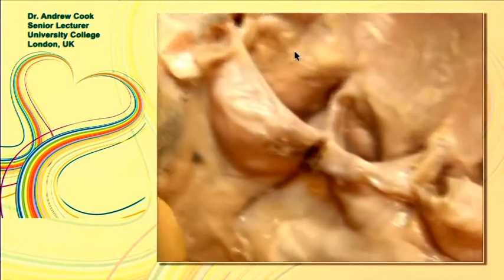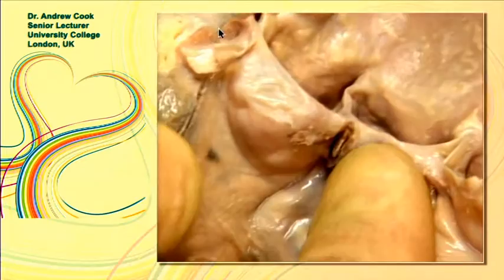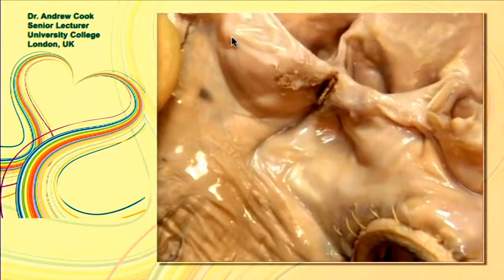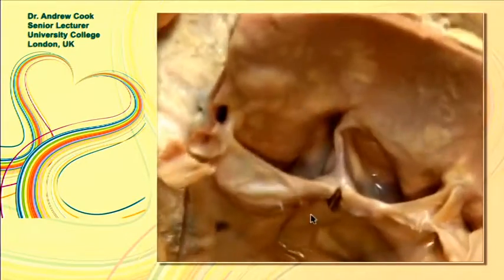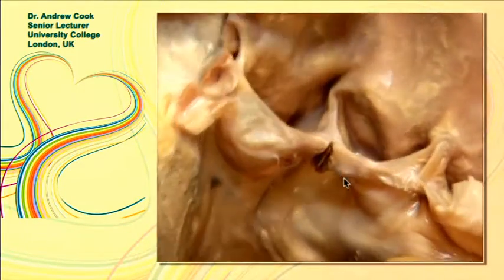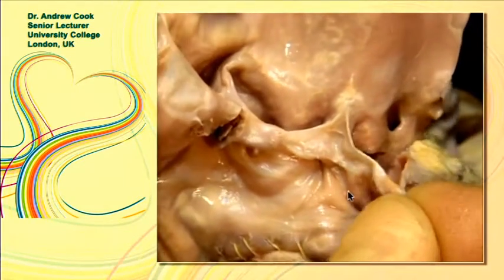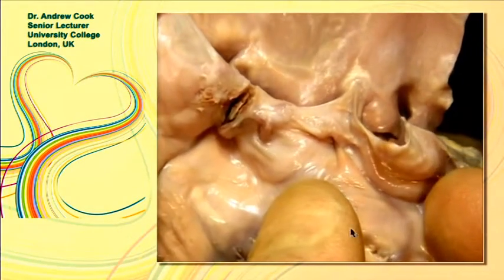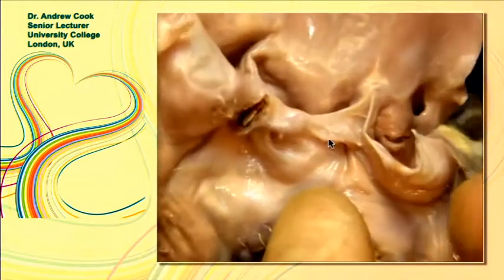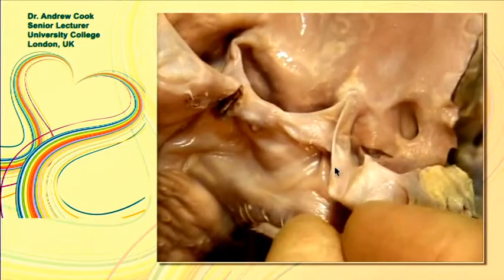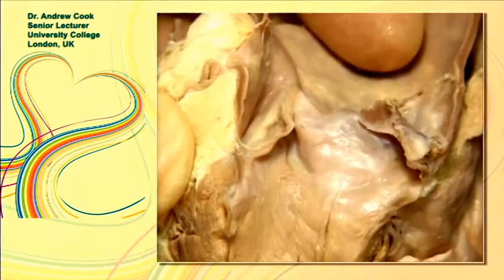The right coronary artery, in fact, is just sitting above the sinus, above the sinotubular junction. So that would be okay. And then here you can see there's quite marked calcification at this junction here. But the interleaflet triangles between all of the leaflets are reduced in size. And we've got a more annular attachment of the leaflets at the junction.